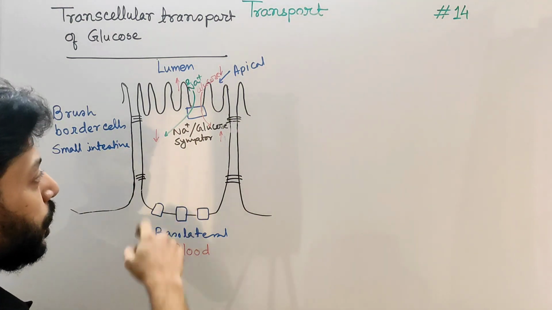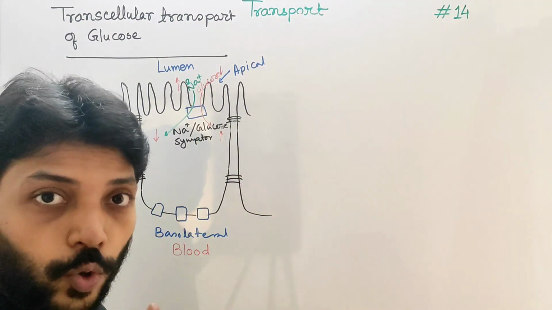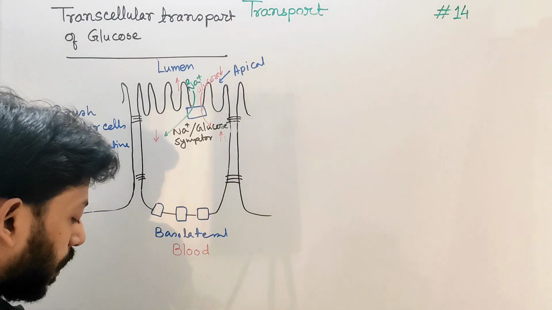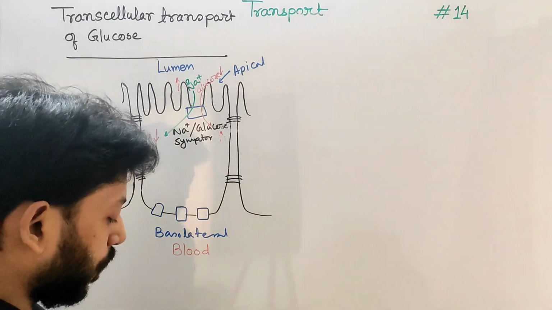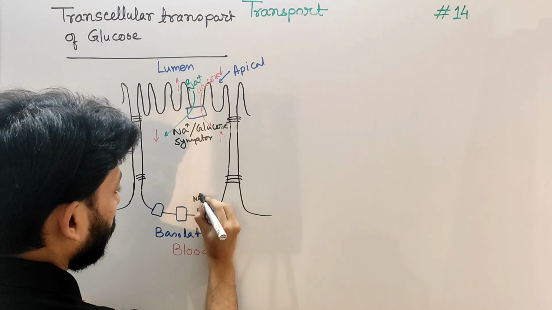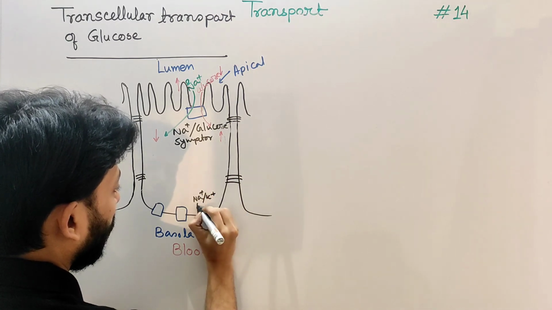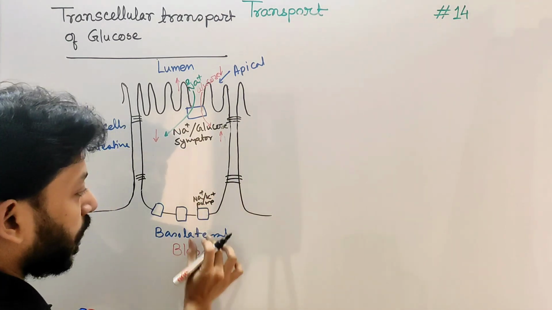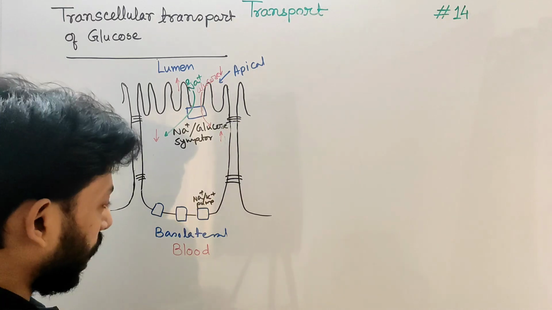Now, the sodium concentration is kept low by the presence of an ATP driven pump called the sodium potassium pump. Suppose this is the sodium potassium pump. By the working of this pump, what happens?